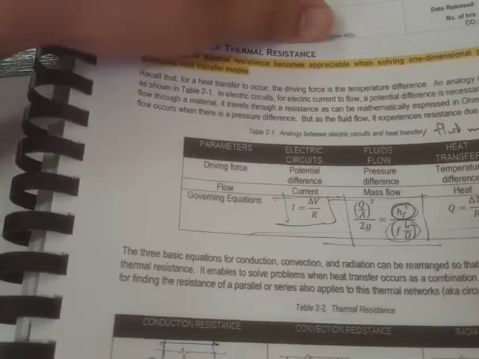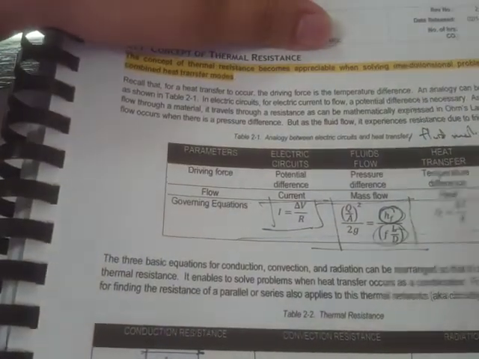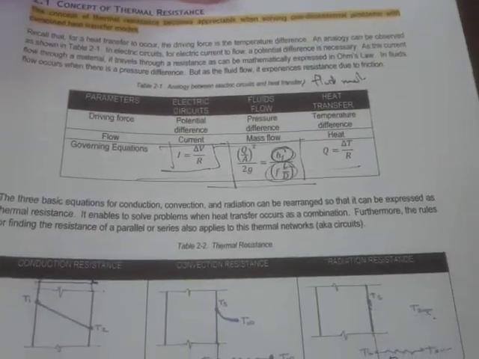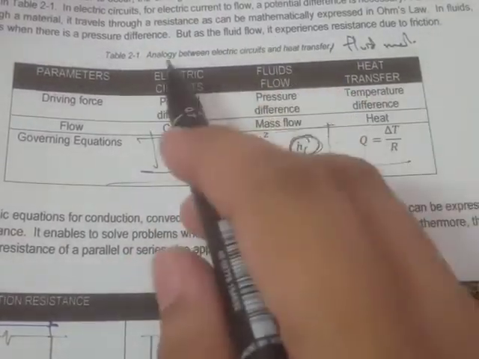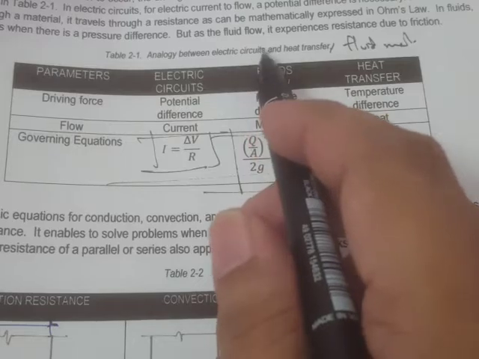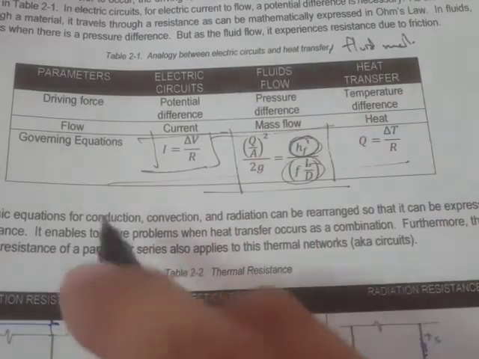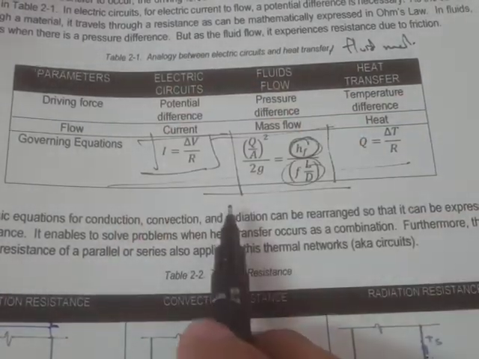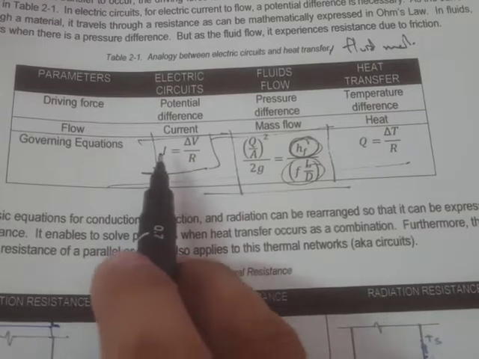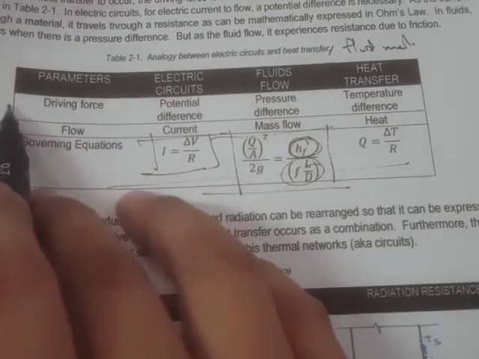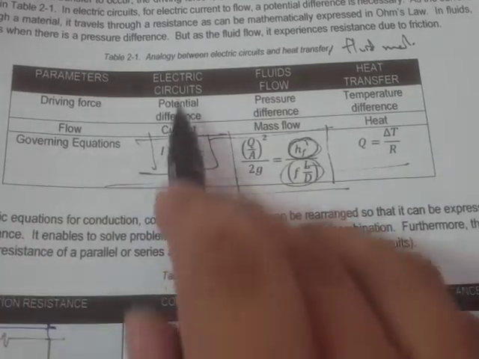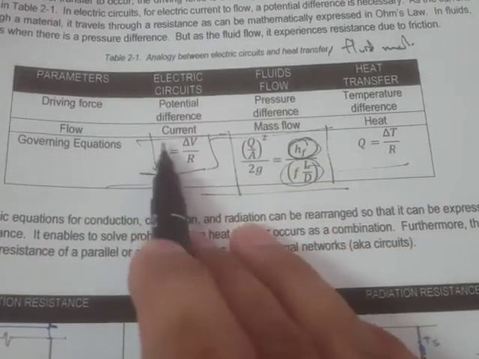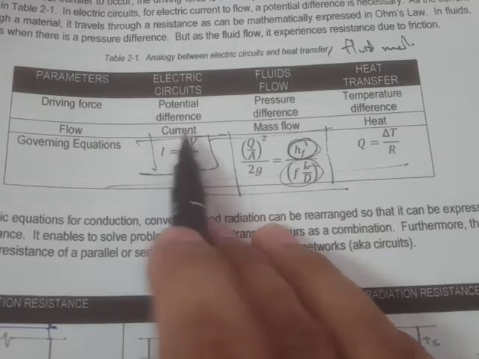If you try to plot this, if you refer to our lecture handouts, we have here table 2-1. So we have the analogy between electric circuits and, of course, fluid mechanics and heat transfer. So we'll start with this. The driving force, the potential difference, is the voltage or the voltage drop, and what's flowing is the electric current.